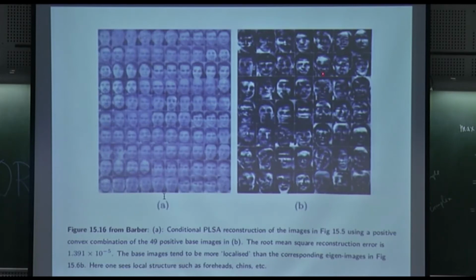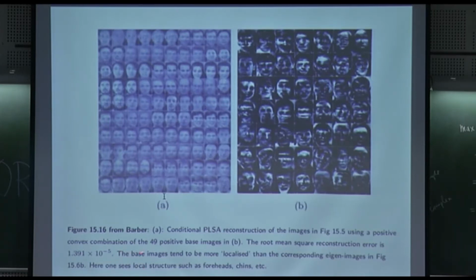In this direction you have 15, these are the eigen images, and this time these have been constructed using essentially the 49 base images. So you take 49 base images in B, you take combinations of these guys, you recover using PLSA, you get these constructions.